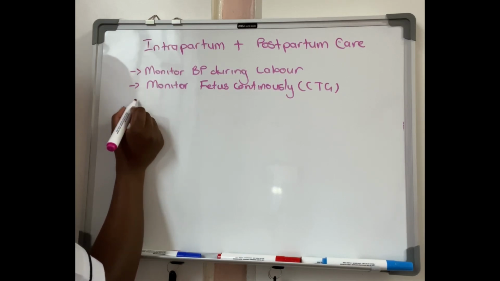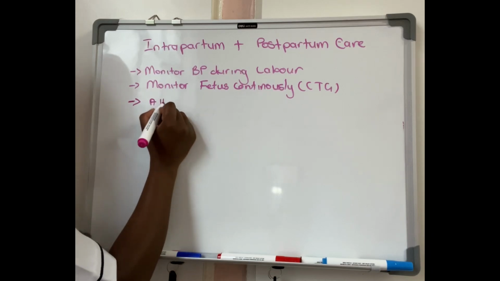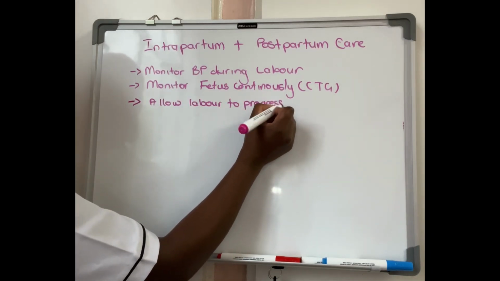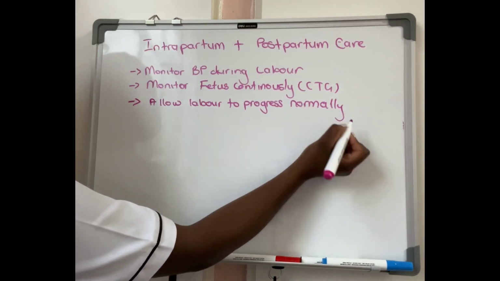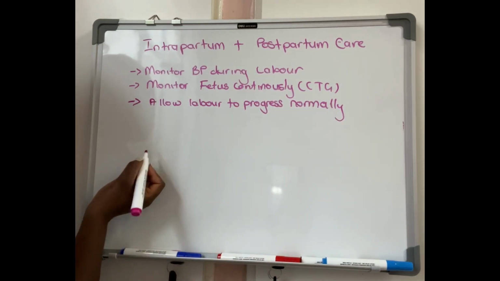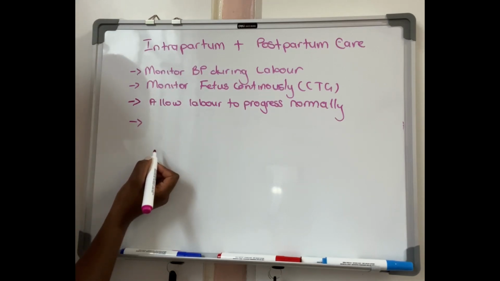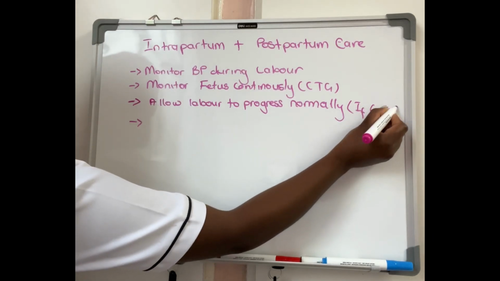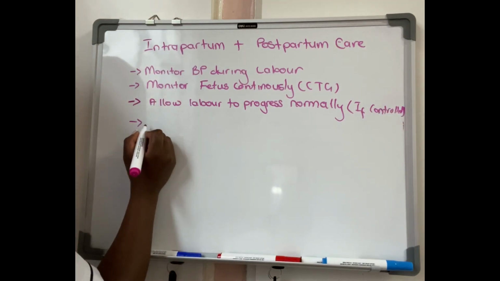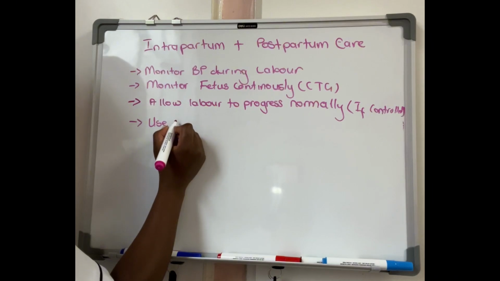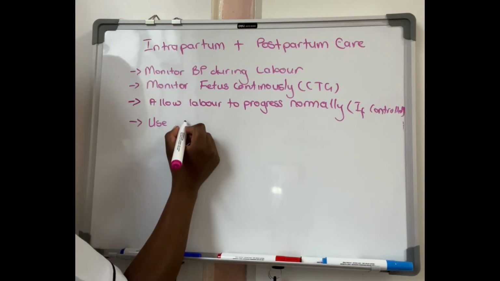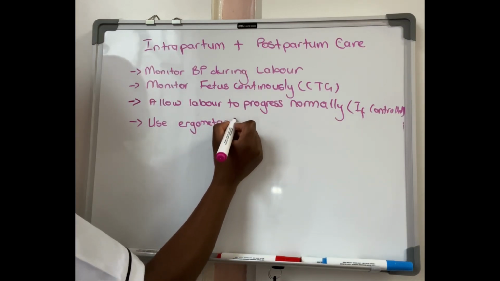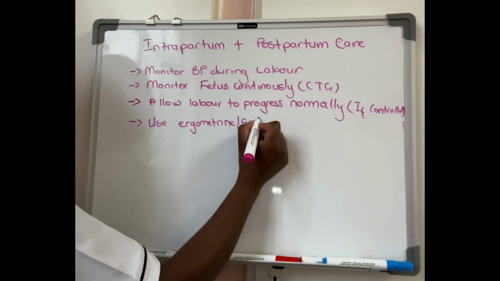It is important that we also monitor the fetus continually because if the blood pressure was uncontrollable, then it really puts the fetus at risk for intrauterine death or the baby being born already demised. So it is important that we do monitor the fetus. As I said, we allow labor to progress normally if everything is within control.